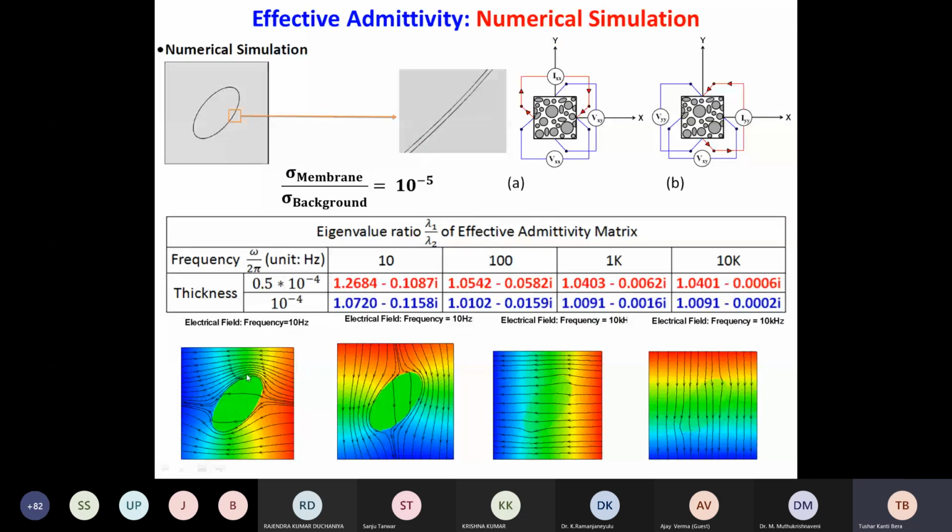If we model a particular cell and inject current with varying frequency, we'll see that with the increase of frequency, the current flux lines are almost uniform throughout the domain. But at low frequency, you see that the current flux lines try to avoid the cell due to the higher impedance path.